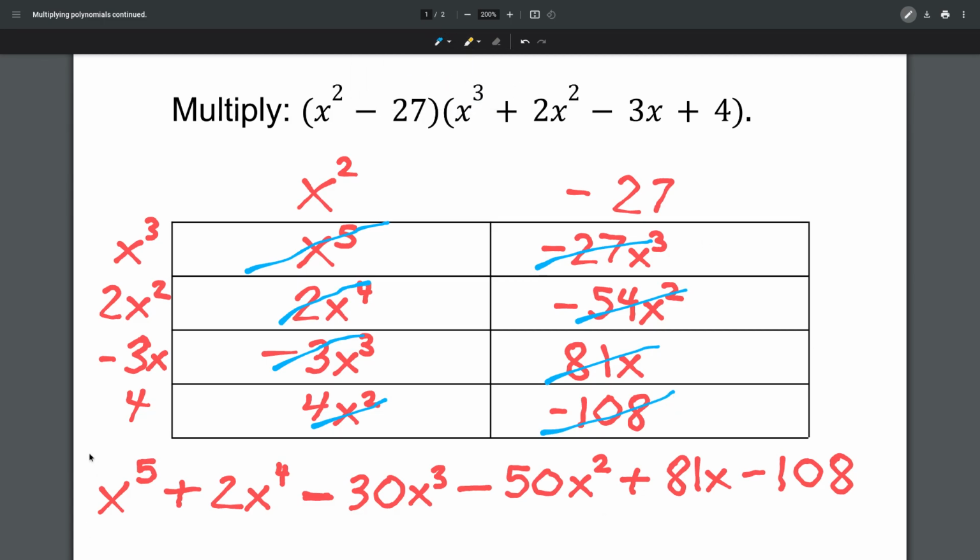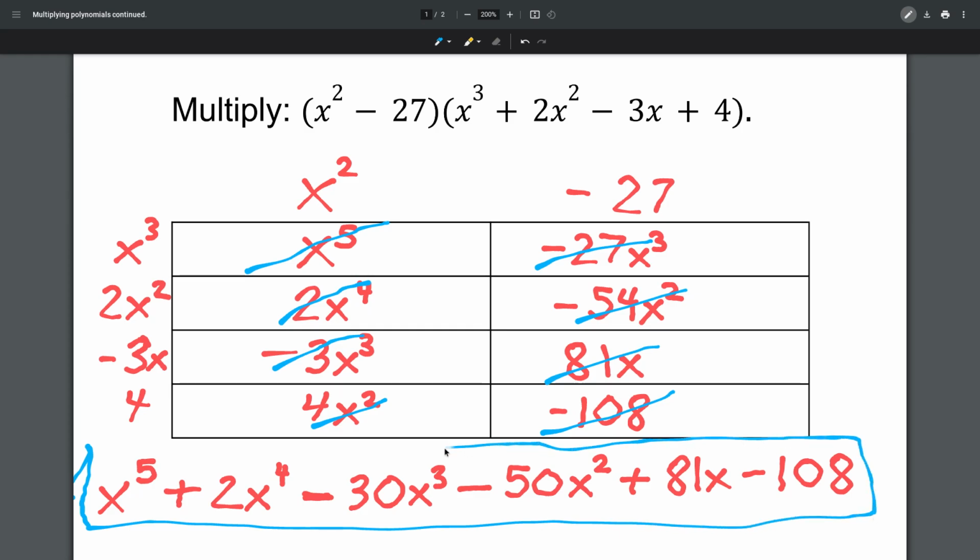So once I've crossed everything off, I know that I've got my solution down here. Let's try and draw a box around this. So there we go. Our solution is x to the fifth plus 2x to the fourth minus 30x cubed minus 50x squared plus 81x minus 108.